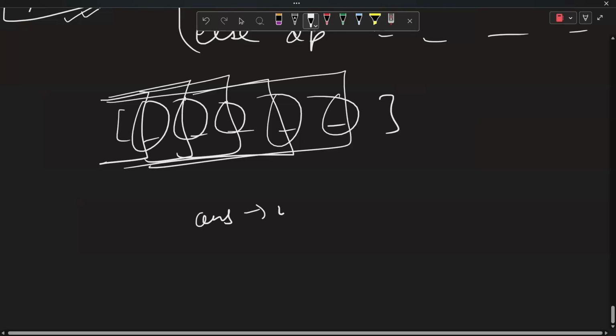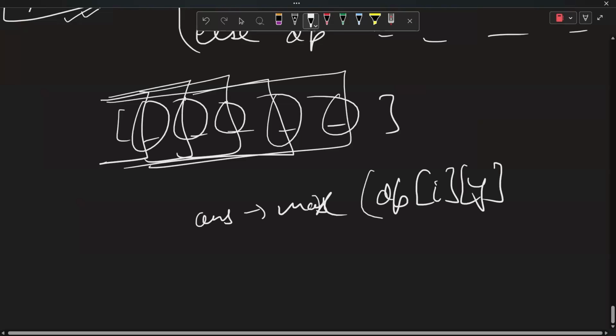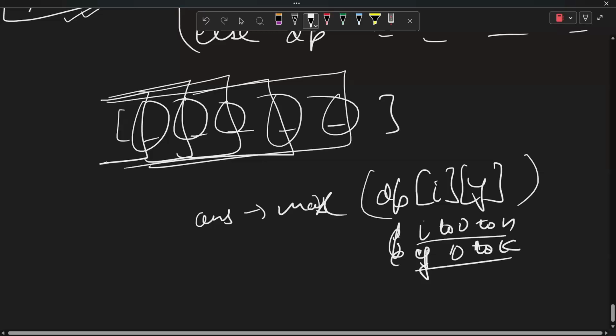So my answer is just going to be the max of all of dp[i][y]. So I would iterate i from 0 to n and y from 0 to k, and whatever states we are getting, just take the maximum of all the states.